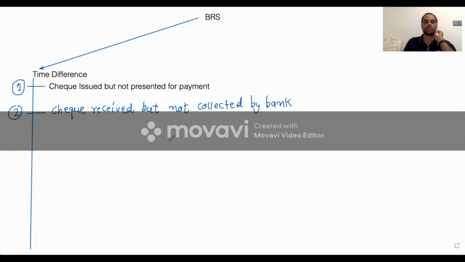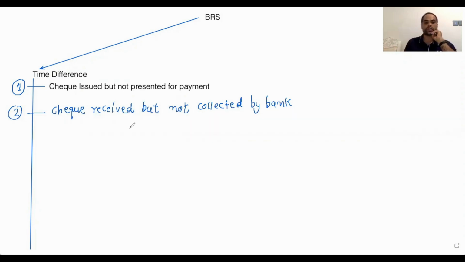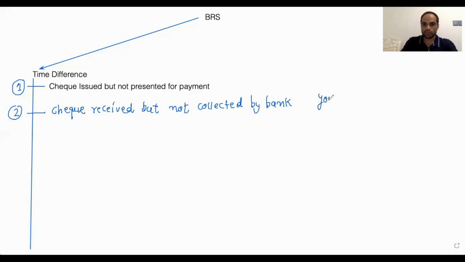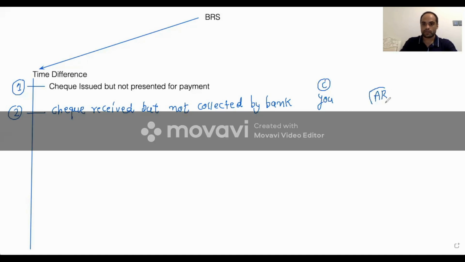Now what does it mean? It's the opposite of check issued. Check received means money in. But at the same time, money will not be entered in your bank account because of the procedure I explained before. For example, you are a company, and that's your accounts receivable. Accounts receivable gives you a check.